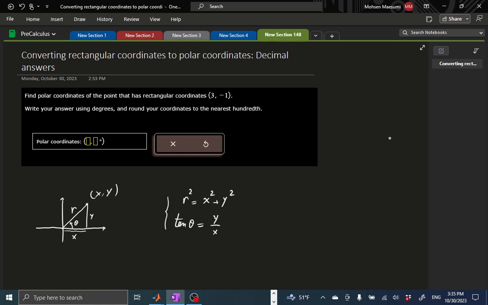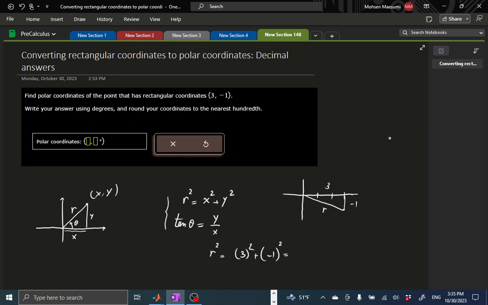So I have a point with coordinates 3 and minus 1. So 3 and minus 1, 1, 2, 3, and minus 1, so I'm here. Well, finding r is going to be easy. This is 3, this is minus 1, so r squared is 3 squared plus minus 1 squared. I put them in parentheses so there would not be any mistaking with the signs.